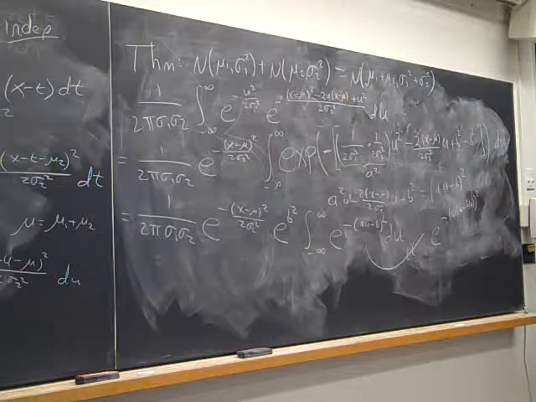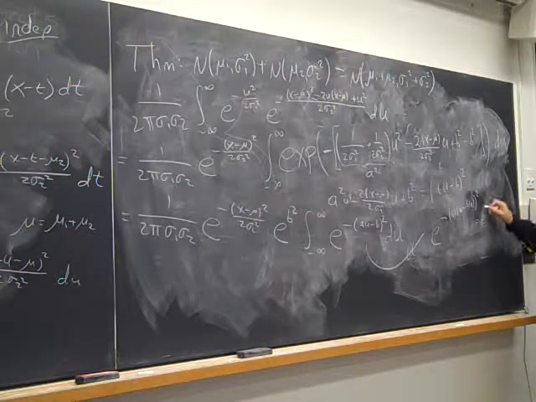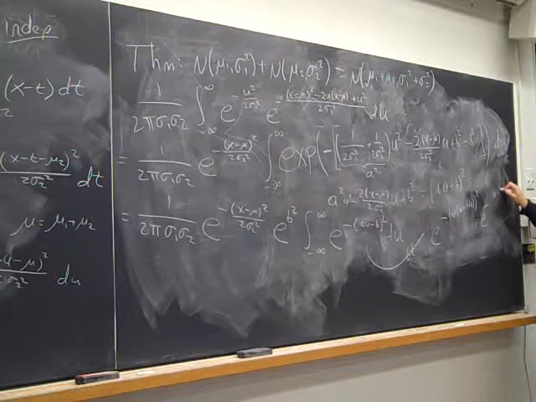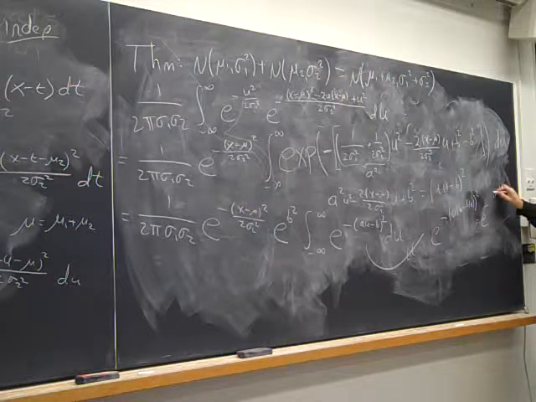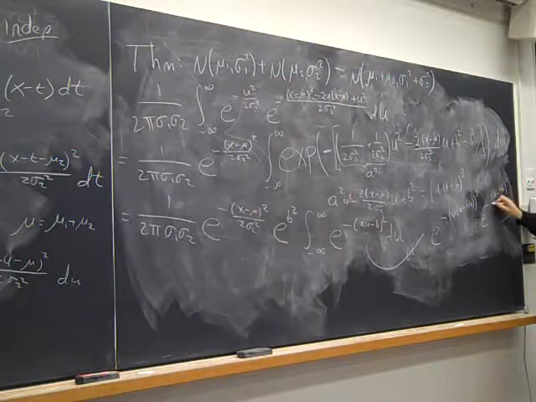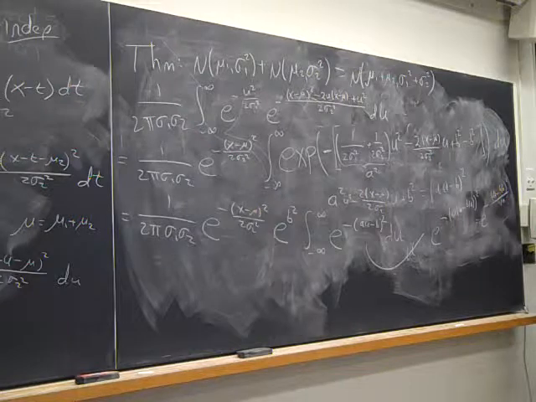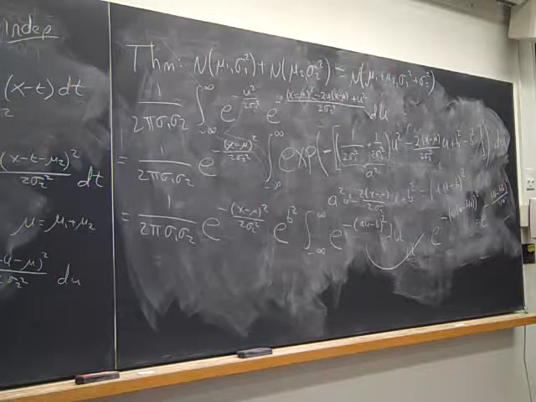This is the same as e to the negative u minus b over a squared, divided by 1 over a squared. Right? Is this a normal?